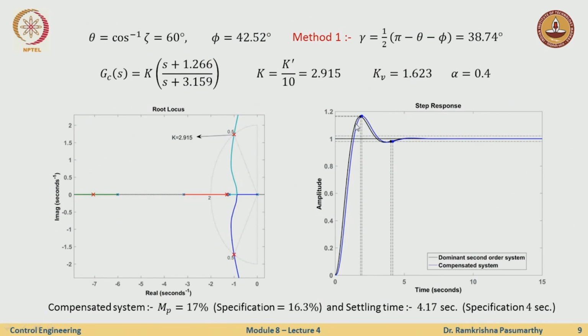So this is what is desired, the black one, in terms of the dominant pole analysis, and you see we are fairly close to each other, and this is the closest we could get, as we saw earlier in the analysis, based on the computation of this gamma. Okay. Then you see that in the compensated system, my Mp is at 17%, which is close to what I desire, and settling time is also fairly what I wanted, around 4 seconds.